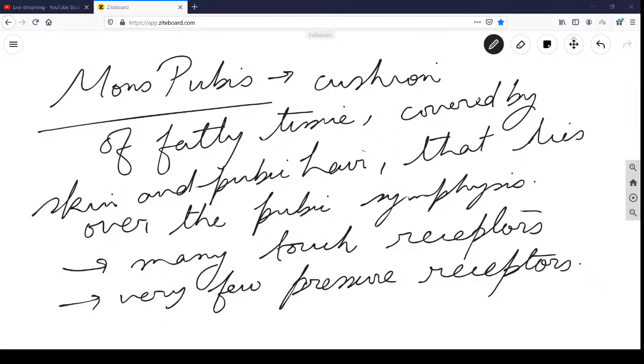Now talking about the labia majora, which in Latin means major lips.